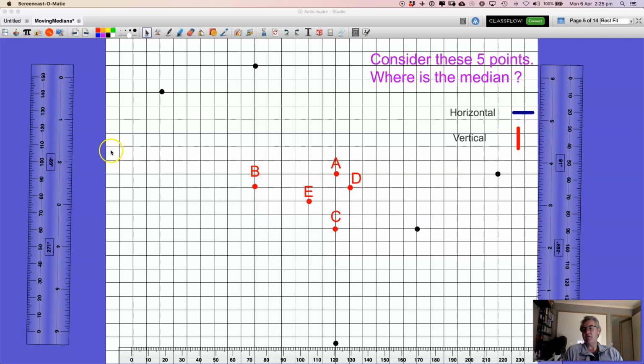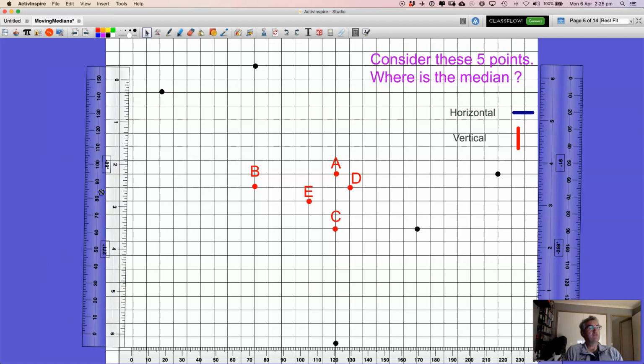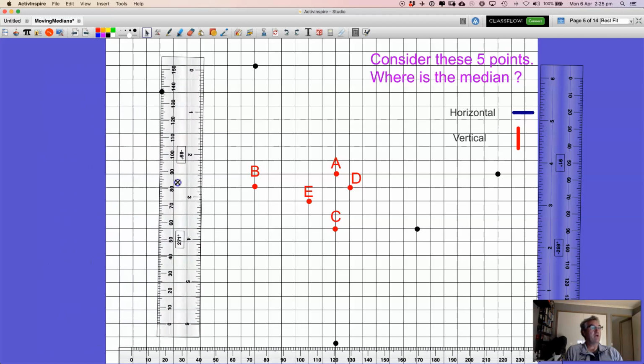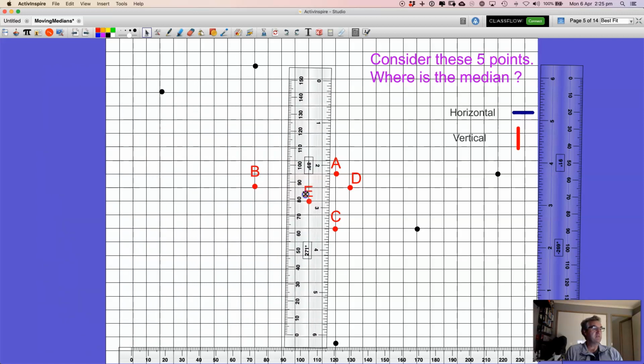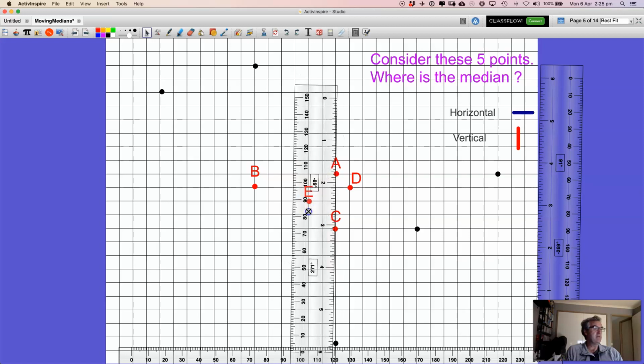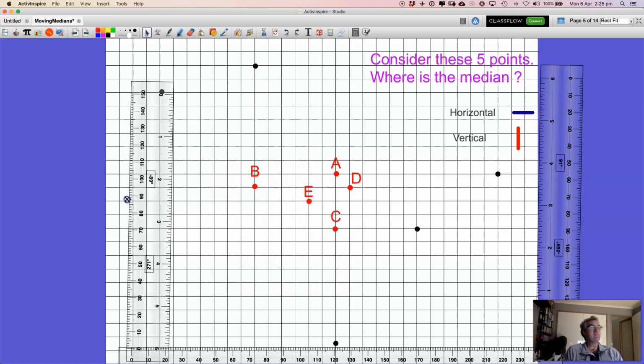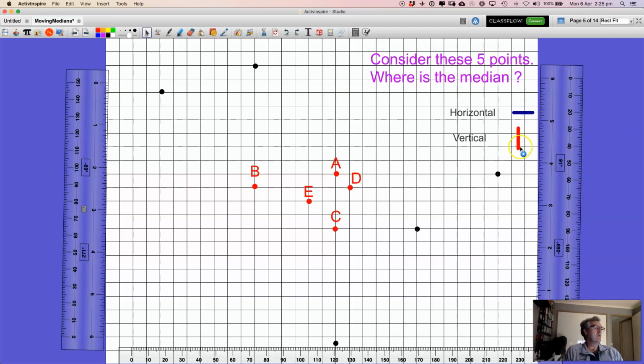Pause the video, have a bit of a think. Alright, again, there are 5 points, so move your ruler across from left to right, stop at the 3rd point. That's the center. You'll see it's that point there. Draw a line. Alright, I've already done this. There's our line.